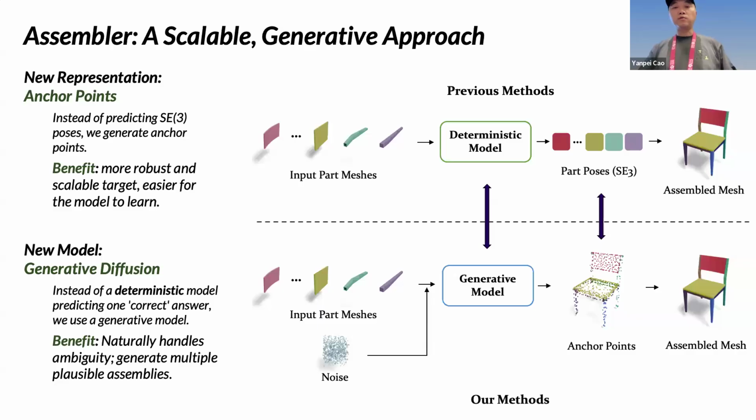And our assembly model introduces two key designs. First, to make the assembly more robust, we predict a holistic set of anchor points rather than those brittle SE3 poses. And secondly, we frame assembly as a generative path using a diffusion model, which naturally handles ambiguities like symmetric parts.